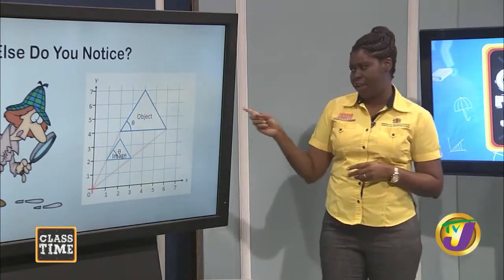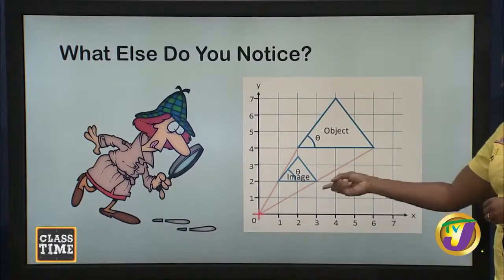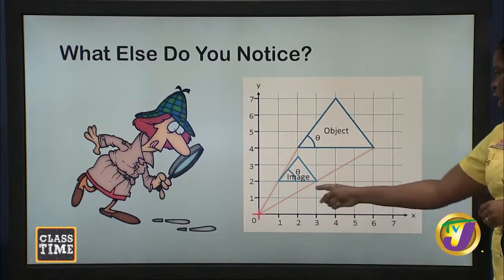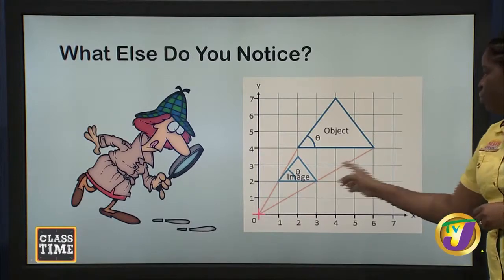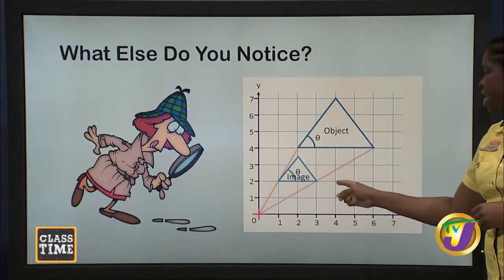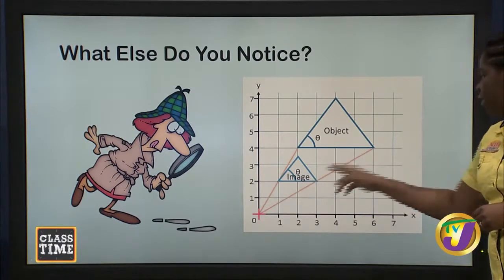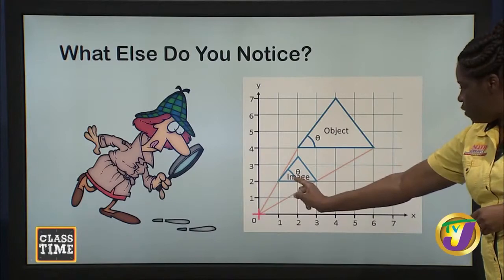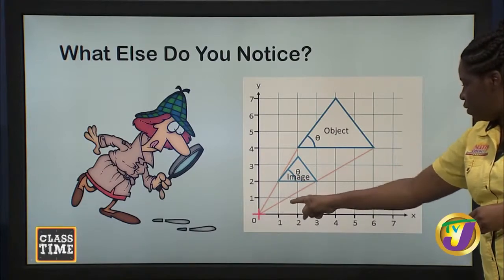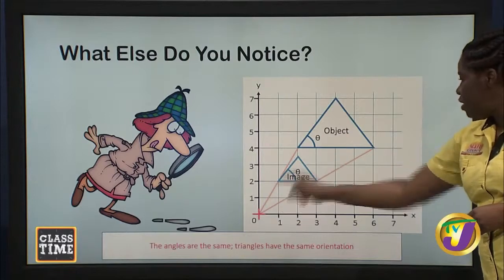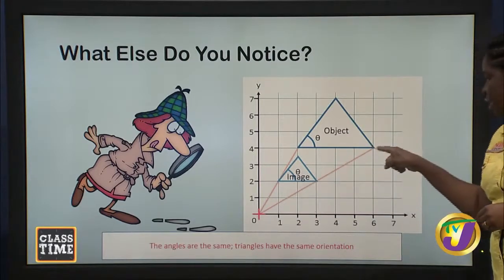If we take the other line segment extending from both corresponding points on object and image, the lengths would be proportional also, meaning the 2 units there and 4 on the object. On this side, for the image, the distance from the center is 1, 2, 3, and from the center to the object, the distance is 6.